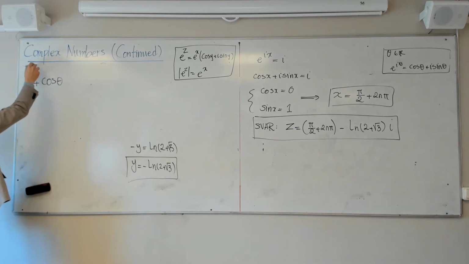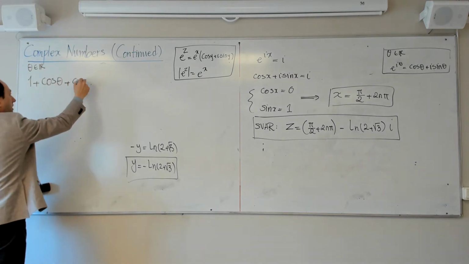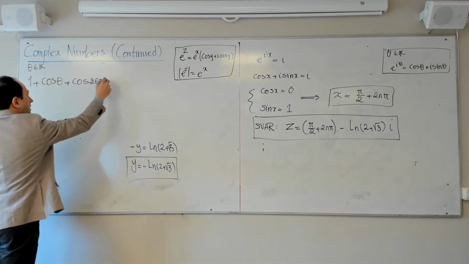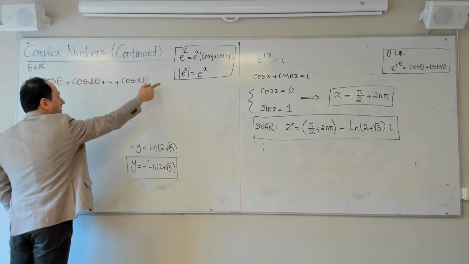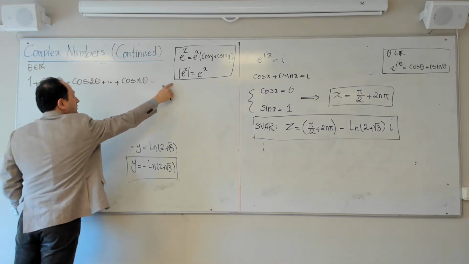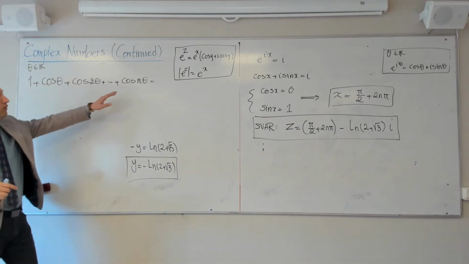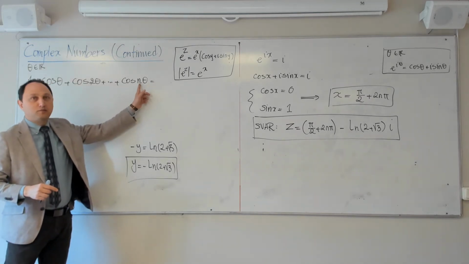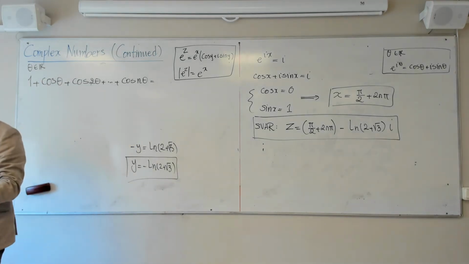So theta is a real number, whatever you like: 1 plus cosine theta plus cosine 2 theta, continuing up to cosine n theta. But in mathematical induction, I have to give you the right-hand side, and I ask you to prove it. So then this always becomes evident. So how did people find the formula? Because if I give you the whole formula, then you can use mathematical induction on n to prove that the result is correct.